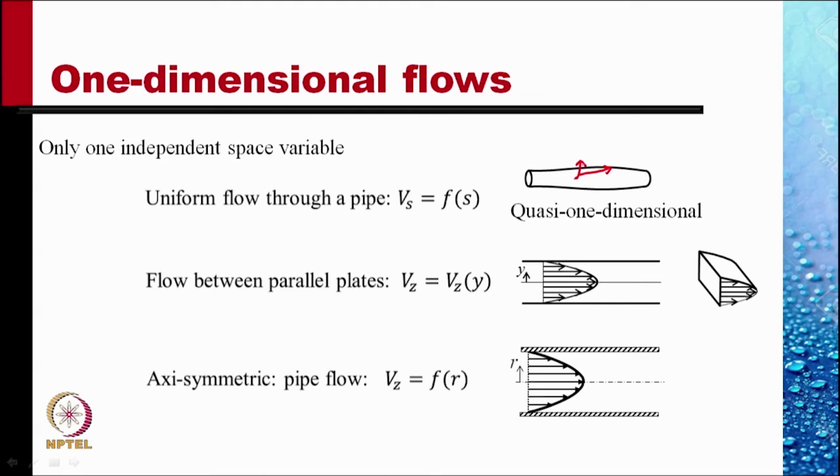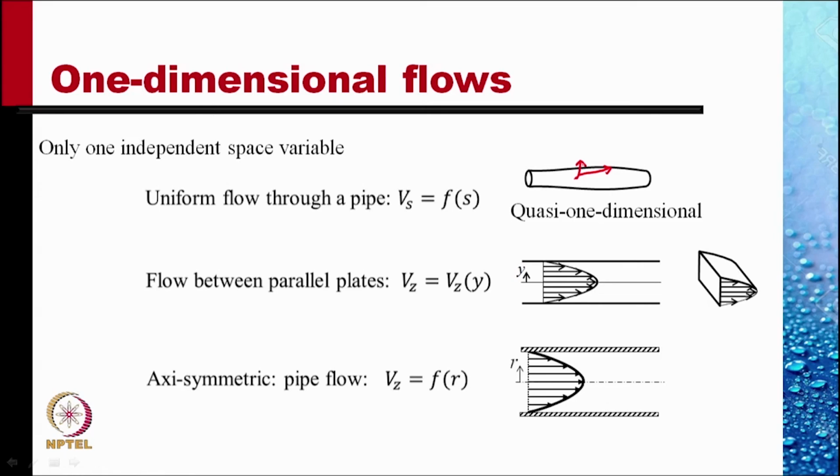Flow between two parallel plates. The distance between the plates is constant, and so there is only one component of velocity Vz, and which is a function only of y, the distance in the vertical direction. It is not a function of x.